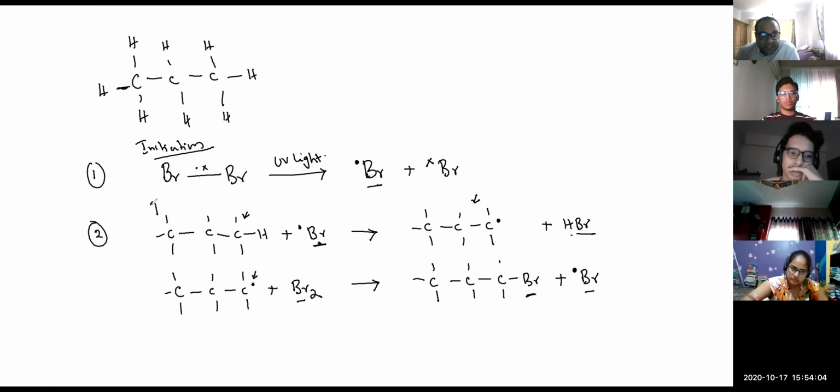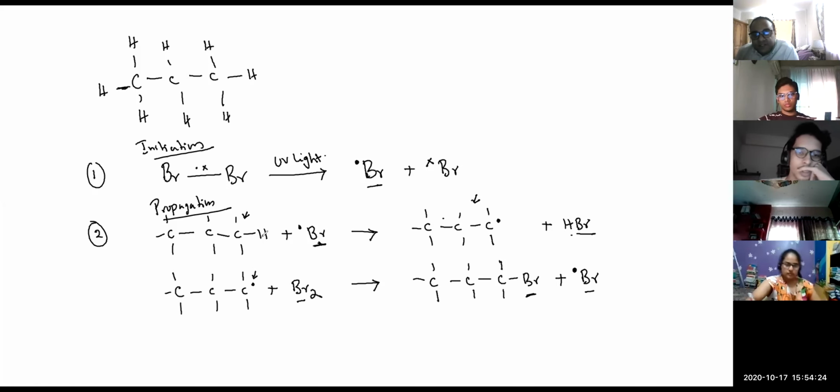This is propagation. What does propagation mean? Propagation means that in every step one of the hydrogens is being substituted. After substitution, bromine is coming in.